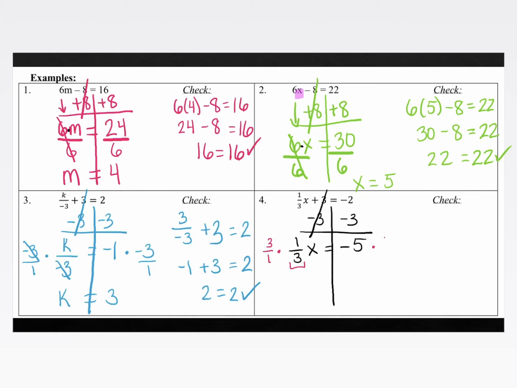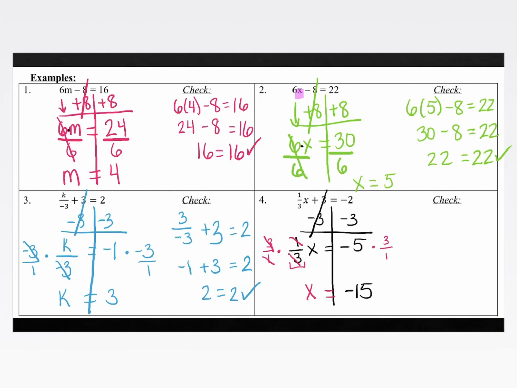So I'm going to multiply both sides by 3 over 1. On the left-hand side, we have a 3 in the numerator and a 3 in the denominator, a 1 in the numerator and a 1 in the denominator, so we'll just be left with x equals. On the right-hand side, we have negative 5 times 3 over 1, which gives us negative 15.